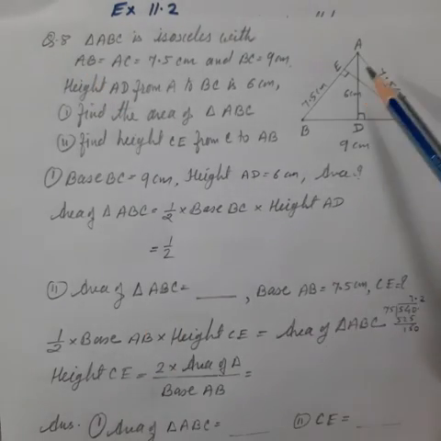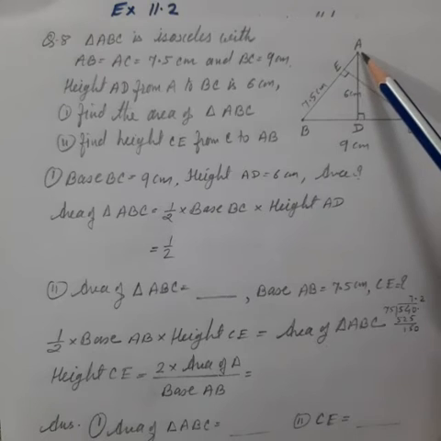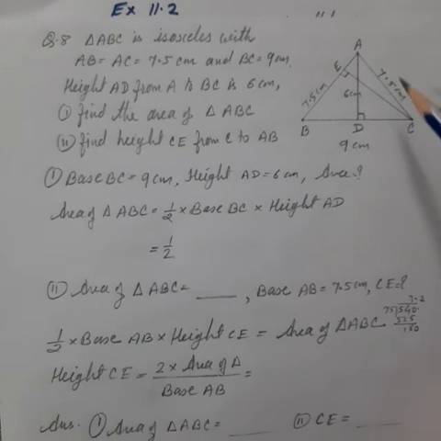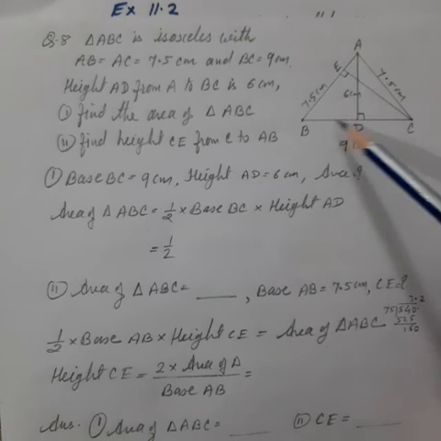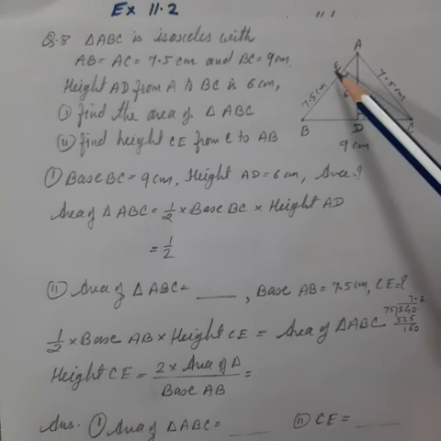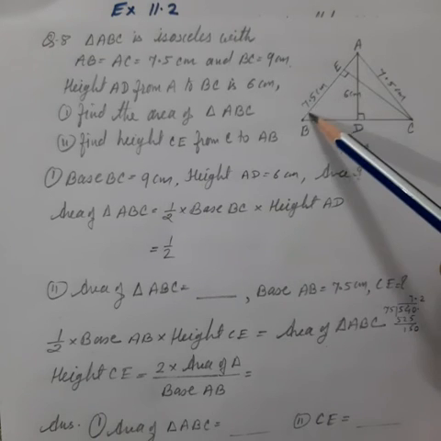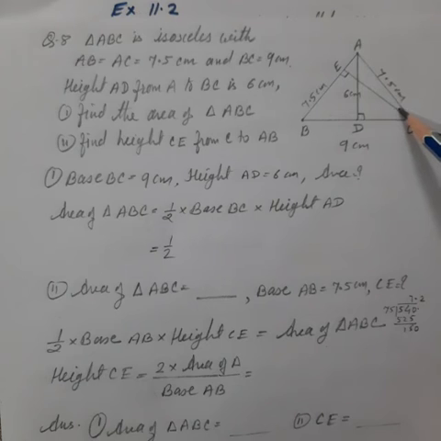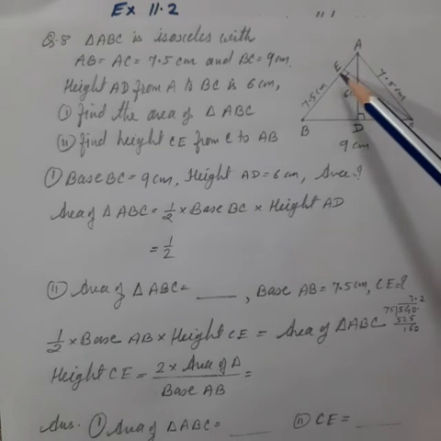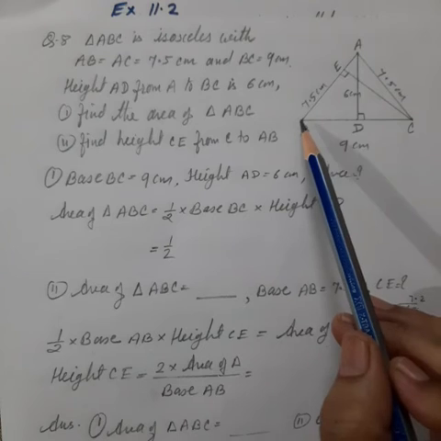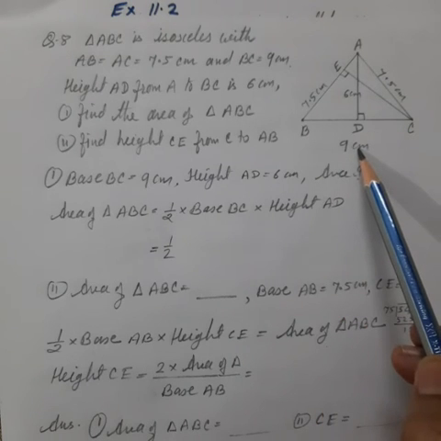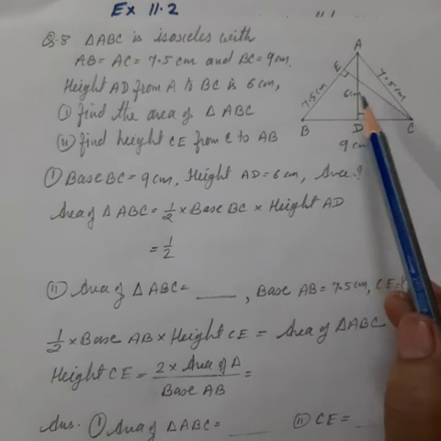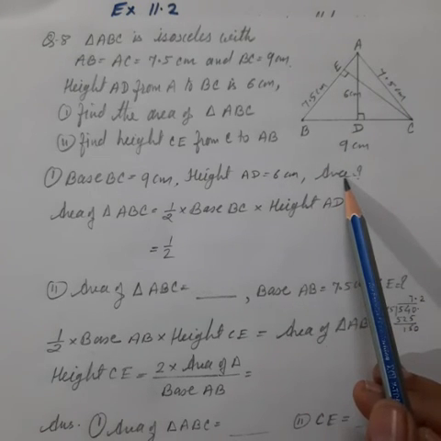Question 8. Here ABC is an isosceles triangle with sides AB and AC equal. AD is the height on base BC and CE is the height on base AB. We have to find out the area of triangle ABC and height CE. Here base BC is given 9 centimeter and its corresponding height AD is given 6 centimeter. So we can find out the area.